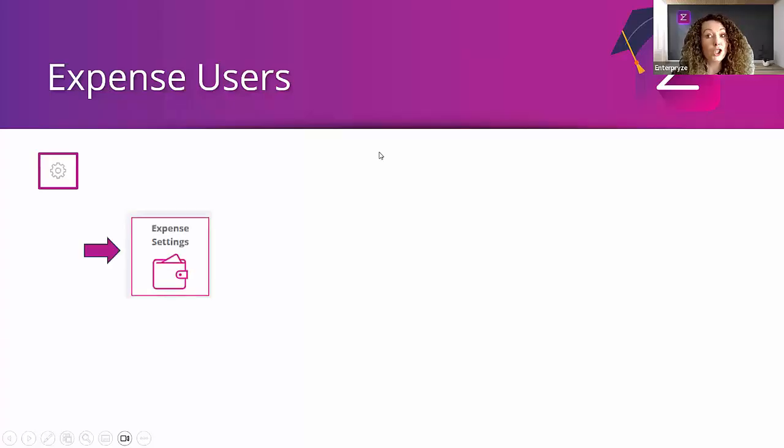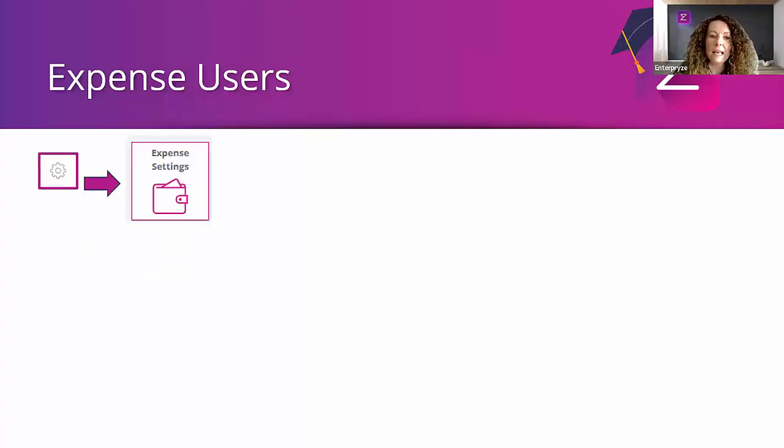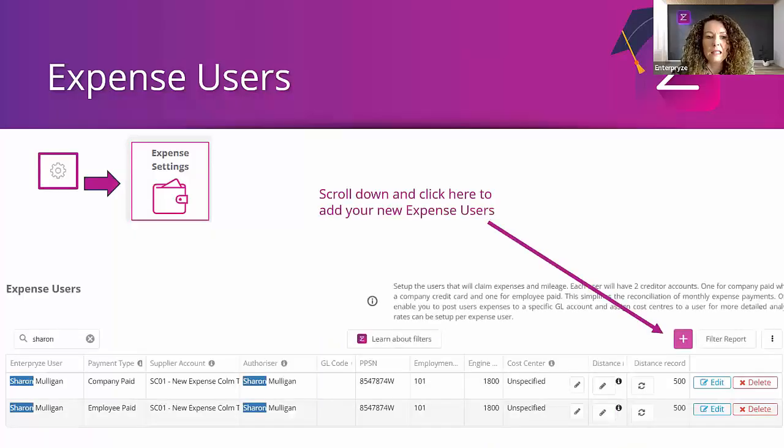So let's take a look here at the expense users. So we come in here to settings, we go into expense settings. And under expense users, there's a plus sign here, and you simply click here to start adding your new expense users. And you can see here what happens, that on the left-hand side, starting with the very first column, you can see their expense user.